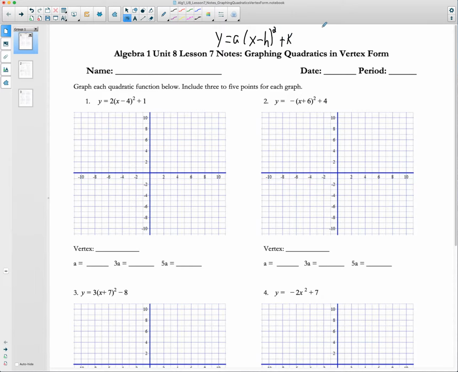And what we talked about was that (h, k) is the most important point on that quadratic, and that is the vertex, and that's why we call this vertex form. So (h, k) was our vertex. And then we talked about a being the rate of change that we use to generate the additional points on our graph.